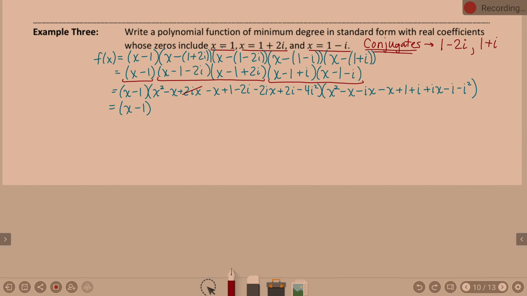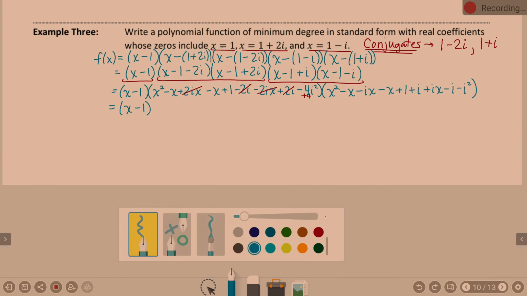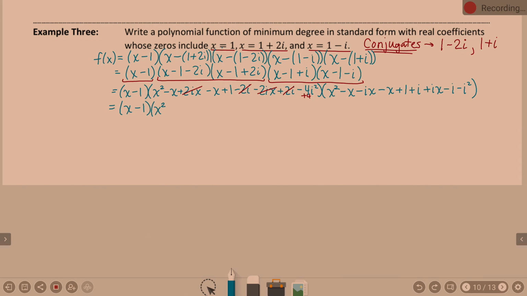2ix minus 2ix is gone. Minus 2i plus 2i is gone. And minus 4i squared will be plus 4. Okay, clean that parenthesis up. x squared minus x minus x is minus 2x, plus 1 plus 4 is 5.